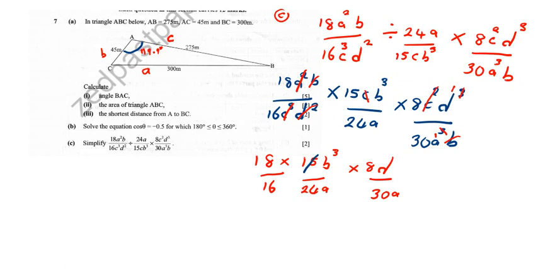So 15 into 30 will remain with a 2. And then 8 can go into 16. How many times? 2. So 8 will cancel here, remain with a 2. So 18 divided by 2, we get a 9. So this 2 will divide into 18, remain with a 9.